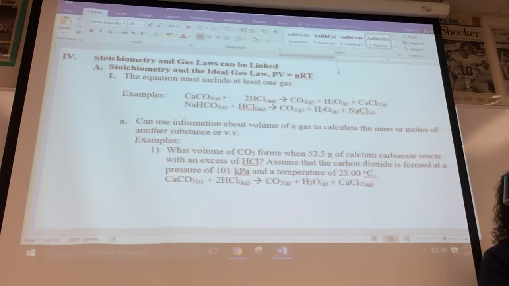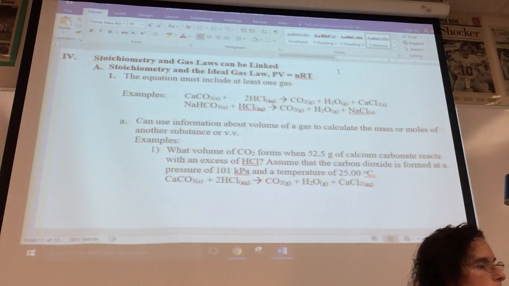You can figure out how many moles of the gas would either react with it or be generated from it, and then using your ideal gas law, you can determine a different variable about the gas, typically volume, although you could do pressure as well. You're probably not changing the temperature during the reaction because that might affect other variables.